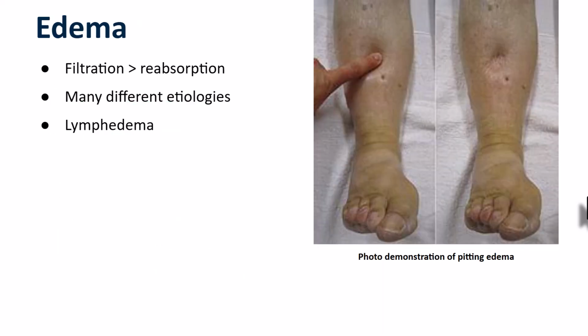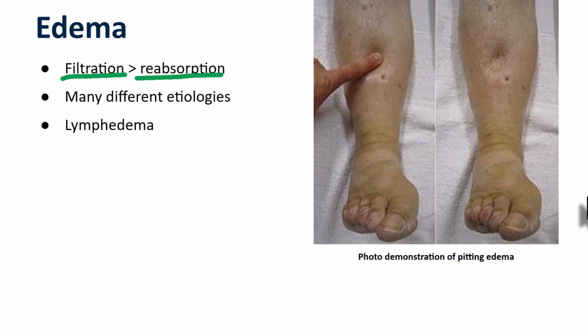Edema. Edema is a fancy way of saying swelling. And edema is frequently something that occurs whenever filtration exceeds reabsorption. So there are many underlying etiologies, various ways in which edema may come about.